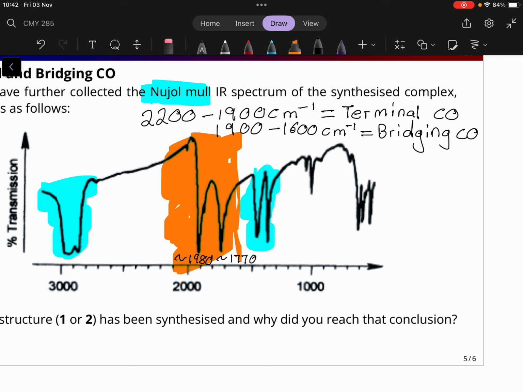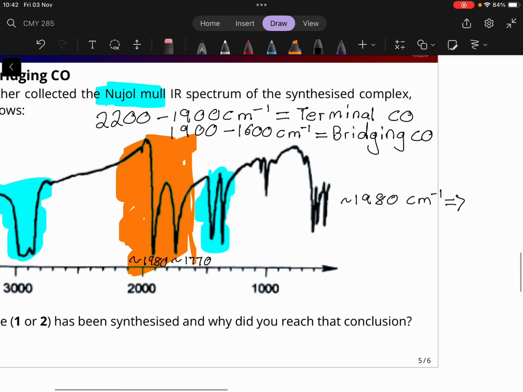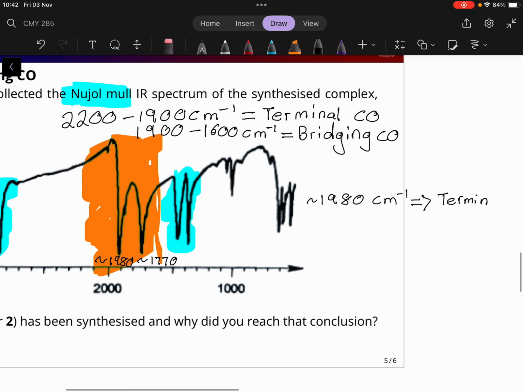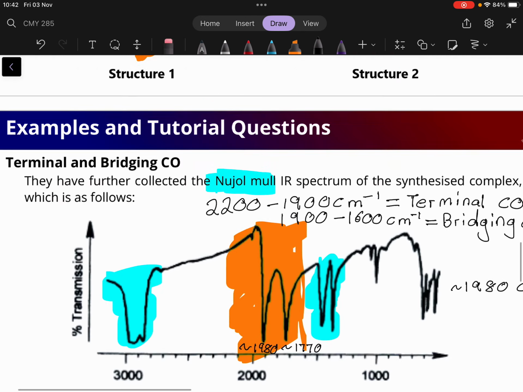So what does that indicate? The first stretch, approximately 1980 per centimeter, implies that we have terminal CO stretches, and we can confirm that both of these structures have terminal carbonyls.